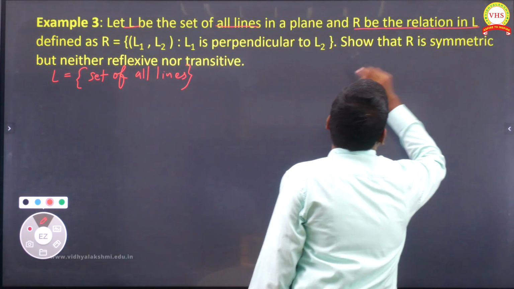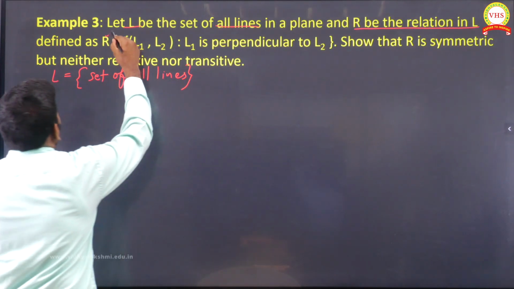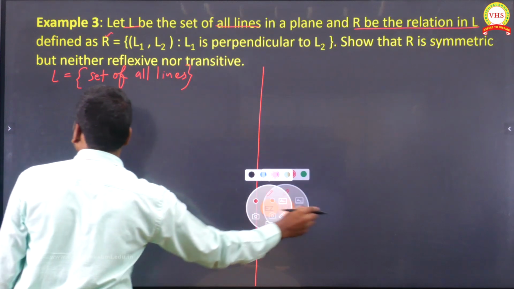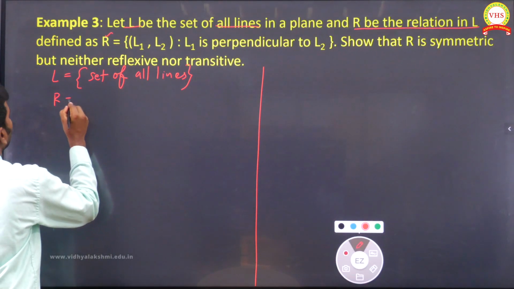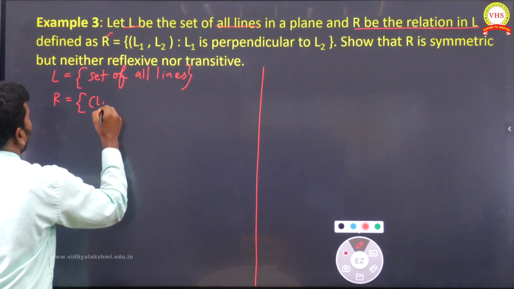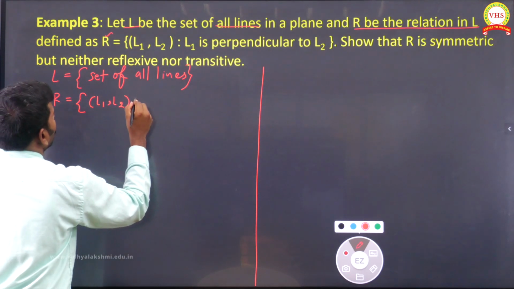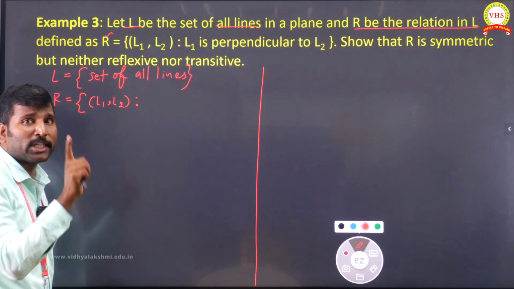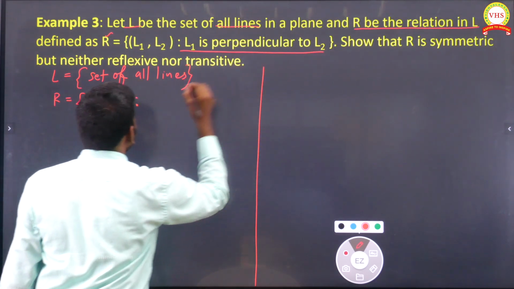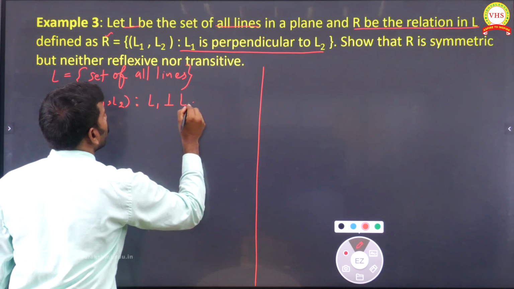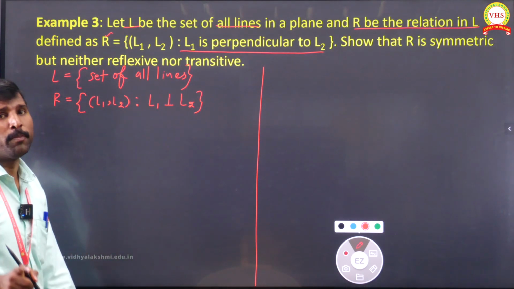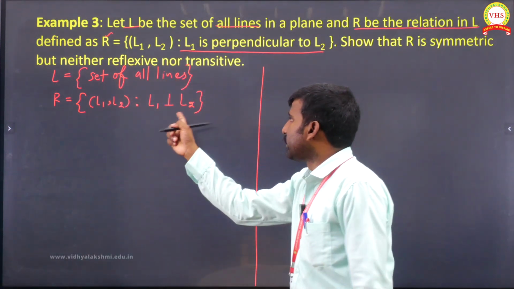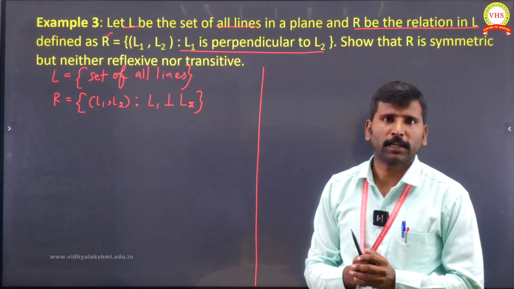So R is a relation in L. R is given as (line 1, line 2) in R, which should satisfy one condition. What? Line 1 is perpendicular to line 2. This should be satisfied. If two lines are perpendicular, then we can say the pair is in relation R. That's it. Have you understood?